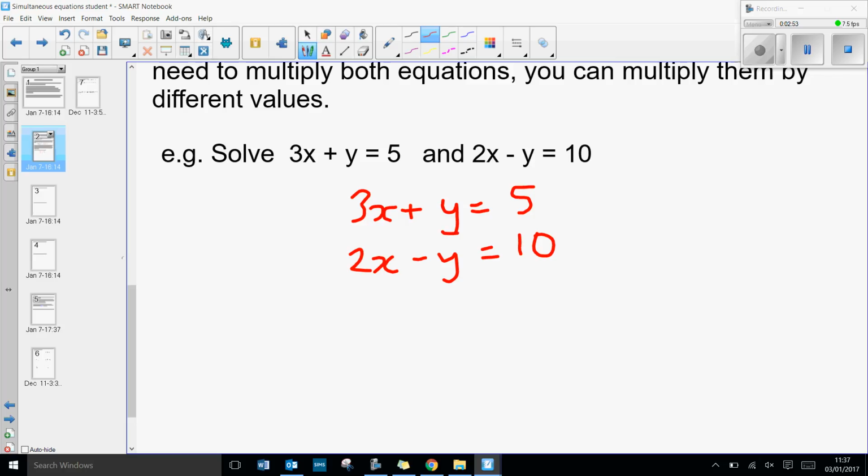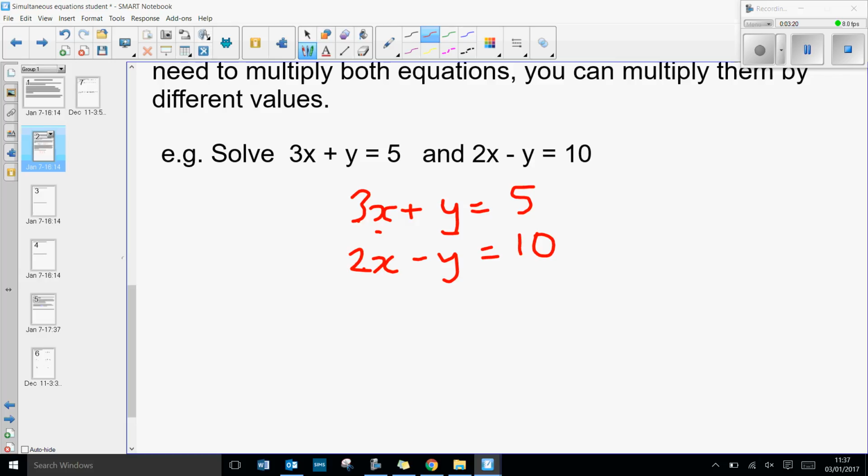We now look at the coefficients, so let's focus on the x's. We can see that this one has a 3 and this one has a 2. They're obviously not the same number, so let's have a look at the y's. In front of the y there is no number, which means there's a secret 1, and this y also has a 1. So we have satisfied the first criterion: the same number in front of both y's.